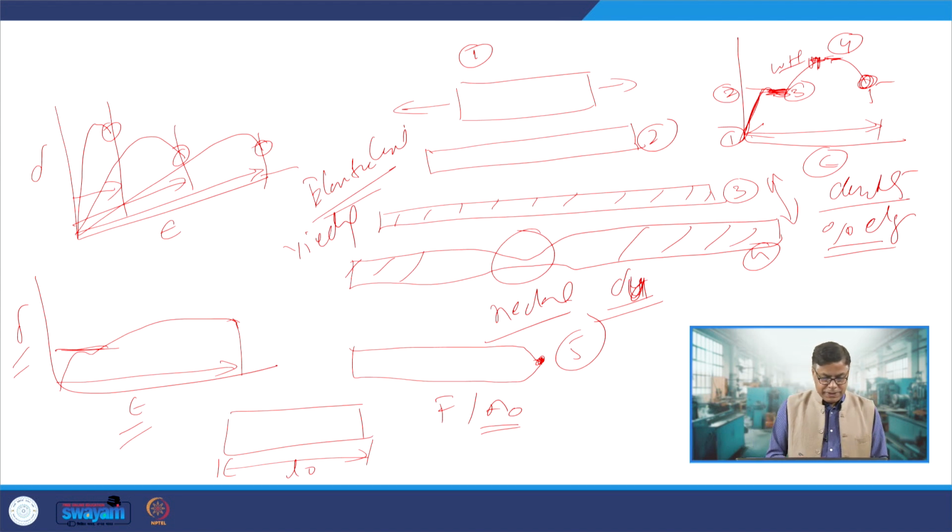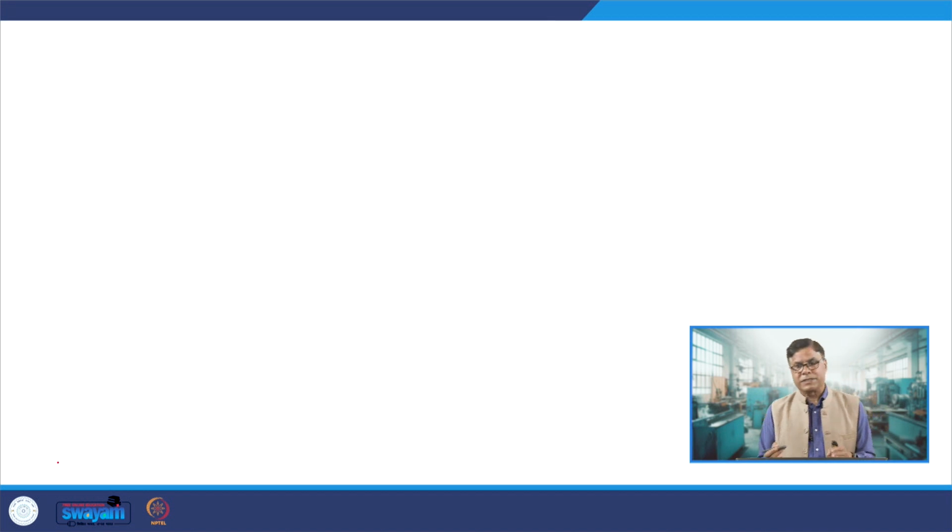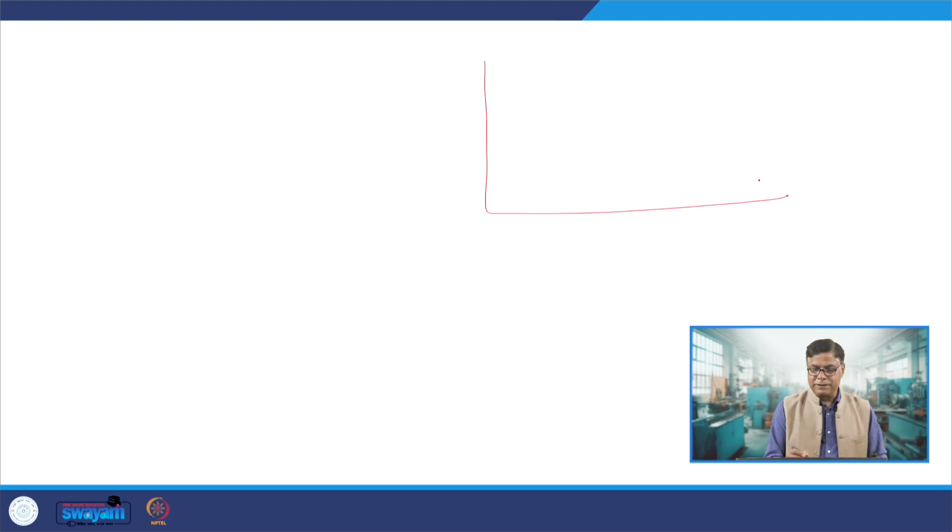Okay, so instead of using the original length and original cross sectional area, if we consider the instantaneous cross sectional area and instantaneous length, then we will be getting the true stress strain curve. In engineering stress strain we got a curve like this.